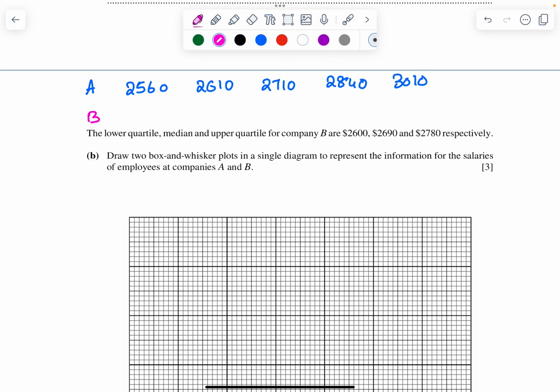Whereas for B, the minimum value is 2540, lower quartile 2600, then median, then upper quartile, then the highest value.